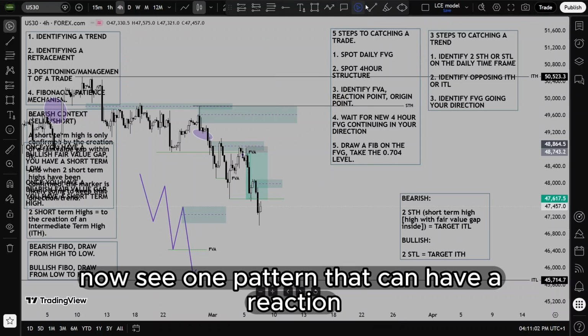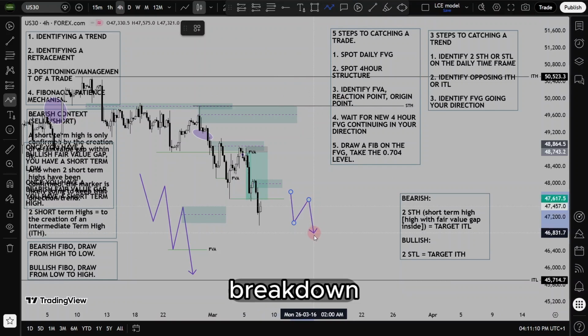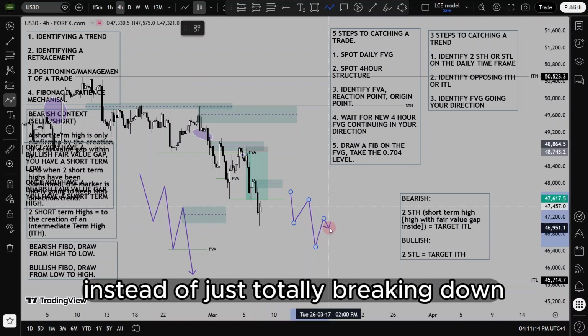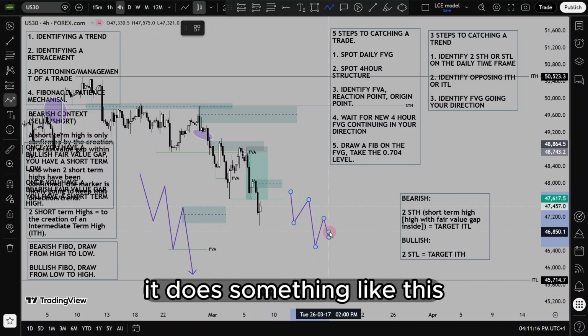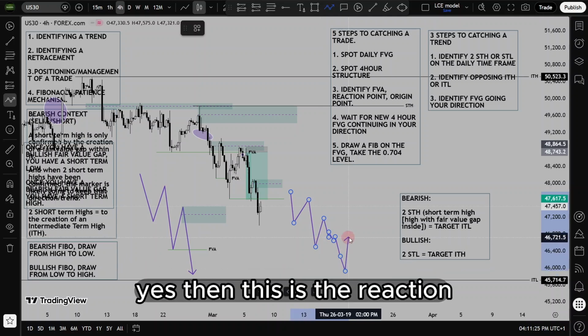Now see one pattern that can have a reaction: break down, break up, break down, a breakup, and now instead of just totally breaking down, it does something like this. Then this is the reaction.